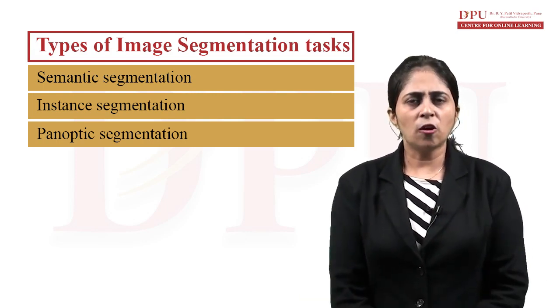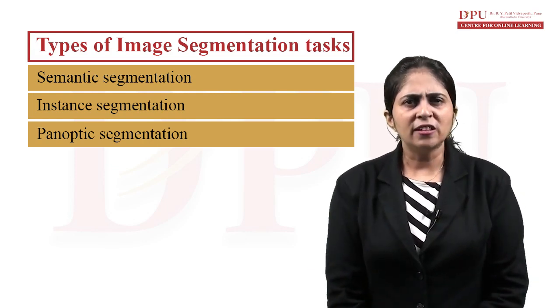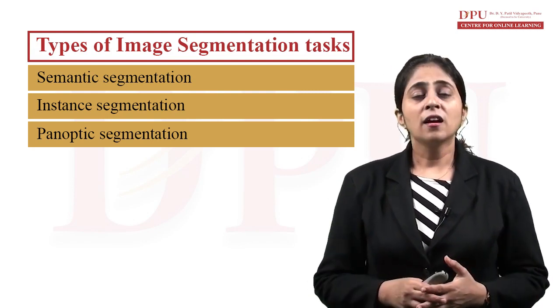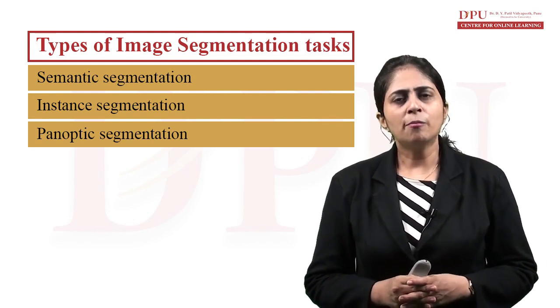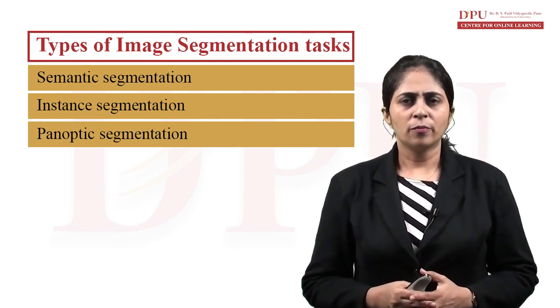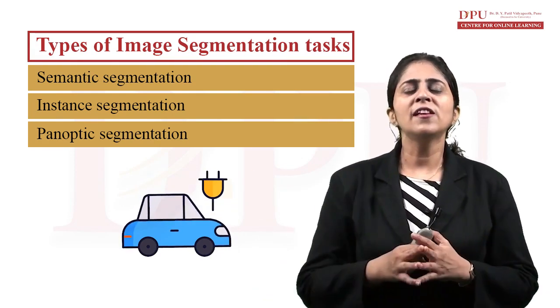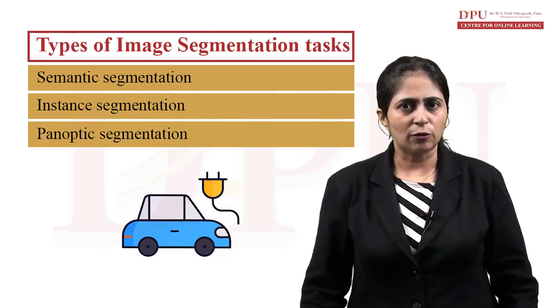Panoptic segmentation algorithms find large-scale applicability in popular tasks like self-driving cars, where we want a huge amount of information about the immediate surroundings. We are now getting into the era of self-driving cars, where we will not have drivers.